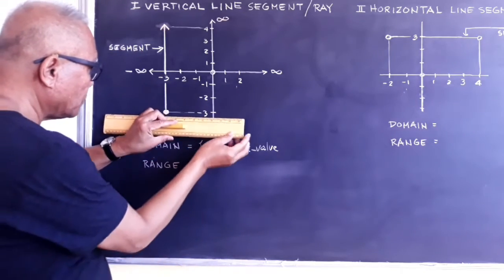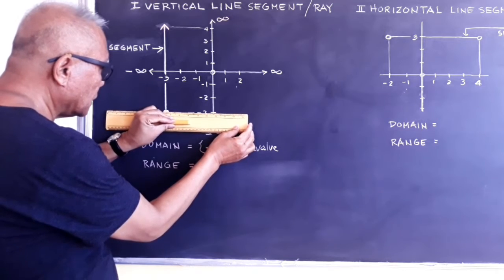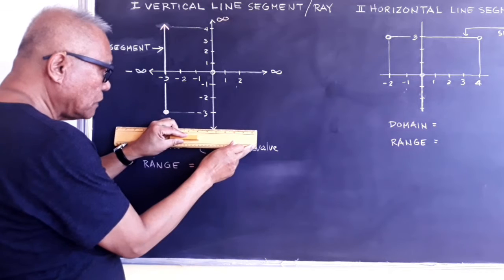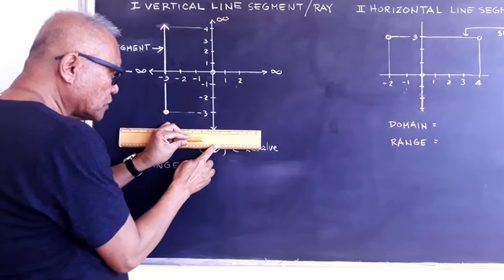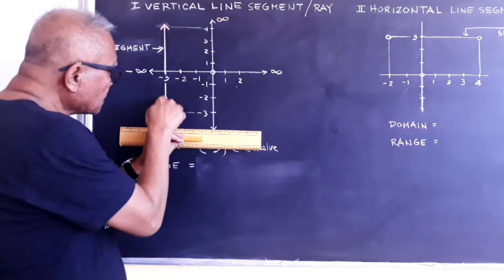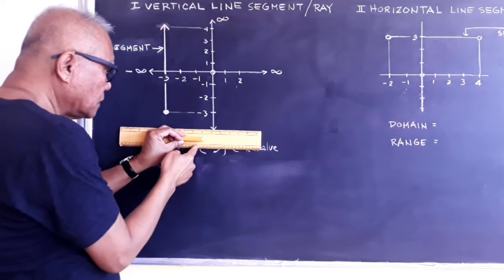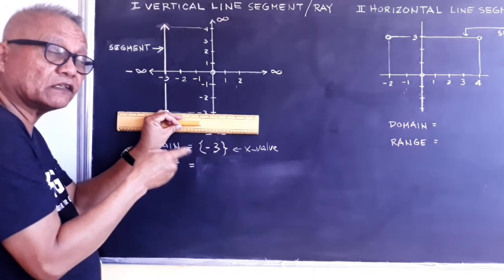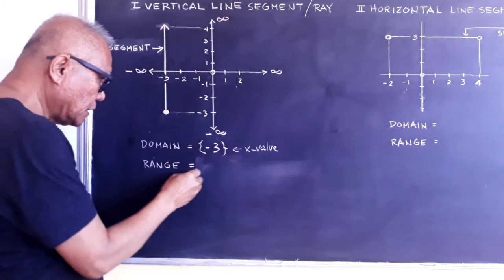Alright, from the bottom here, the negative infinity is not included because if we do our horizontal test here, it will not intersect this ray. It will intersect only here at -3, and -3 is included.